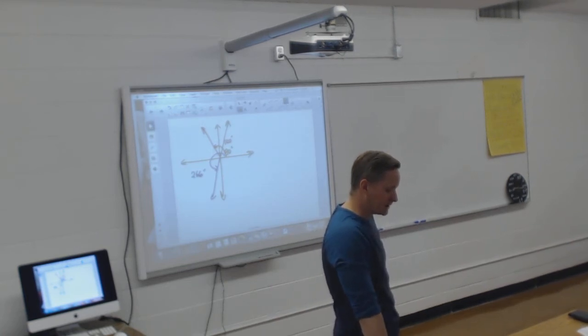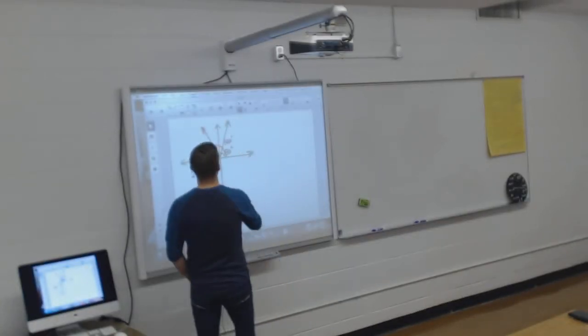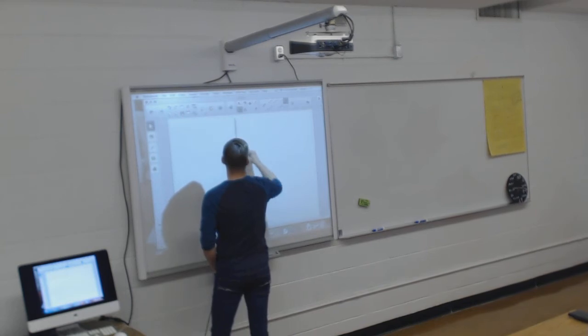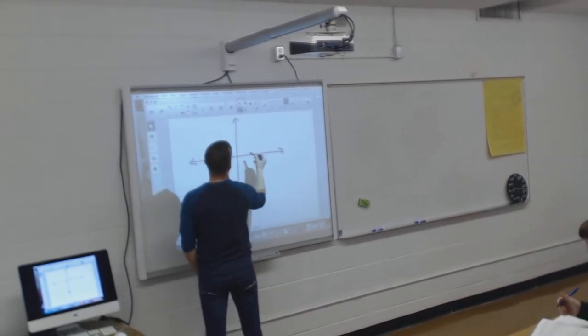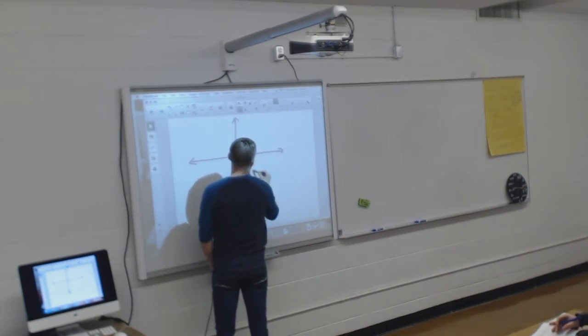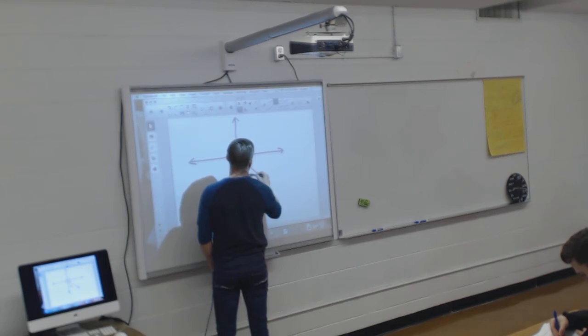For each angle, sketch the angle in standard position, label the reference angle, theta r. Theta is 315 degrees. Okay, so which quadrant is 315 degrees in? Fourth quadrant. Okay, so agree, it's down here, that's 315 degrees.